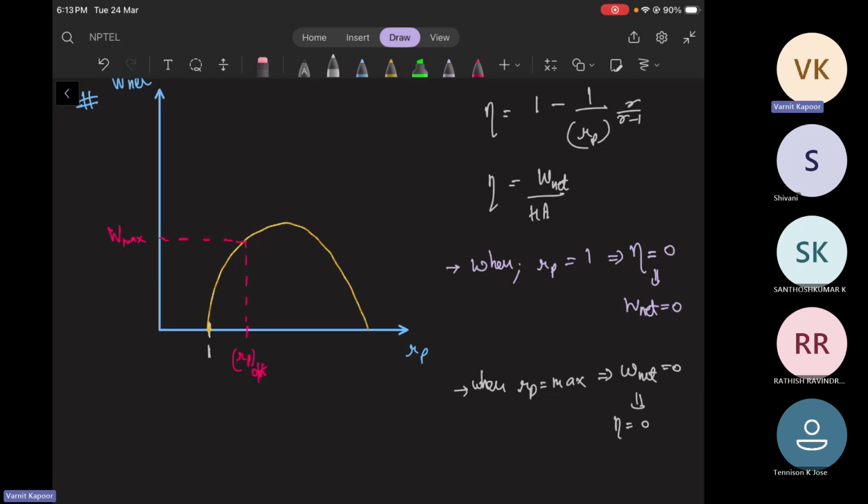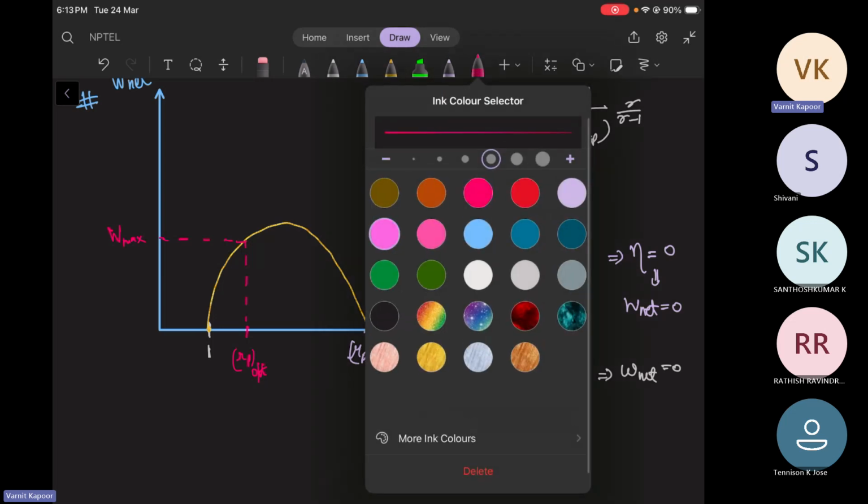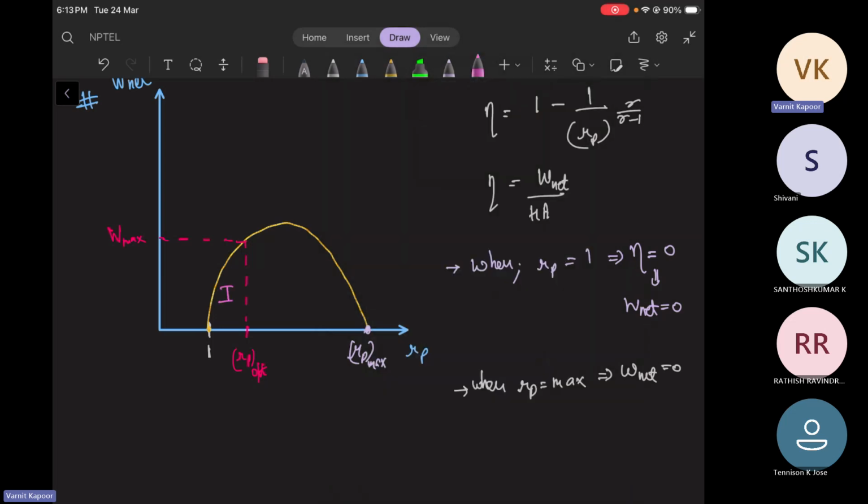So in terms of work output, this is the position where my RP will be maximum and net work will be 0 again. Now, we have two areas here: this is area 1 and this is area 2. Why did I make area 1 lesser compared to area 2?